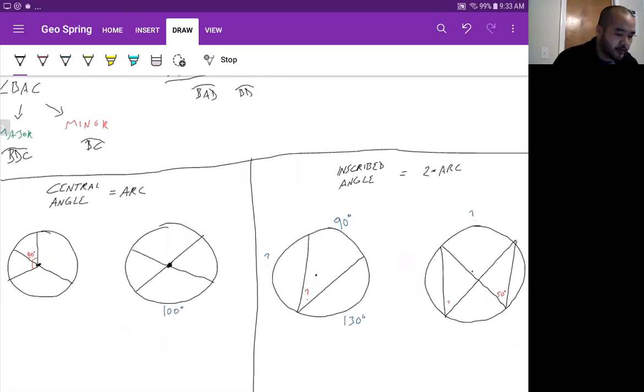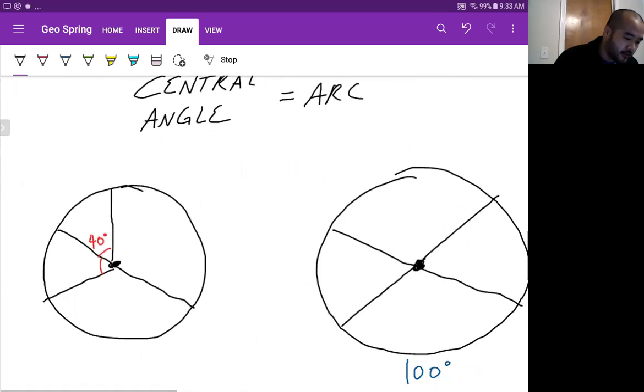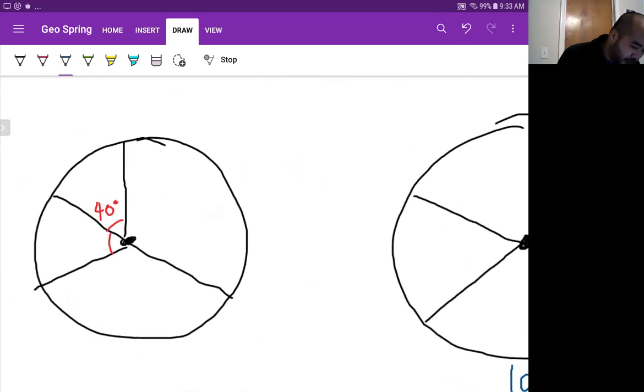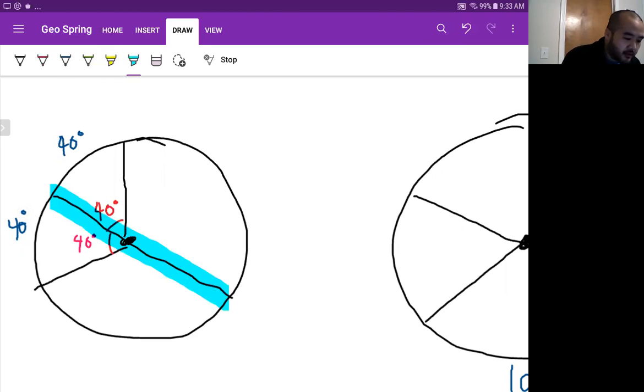So with the central angles and the arcs, they are equal. So here, this is 40, this is also 40 degrees. If that's 40, these are equal. This is also 40 degrees. That means this is also 40 degrees. Remember that a straight line means it's 180, which means this would be 140.